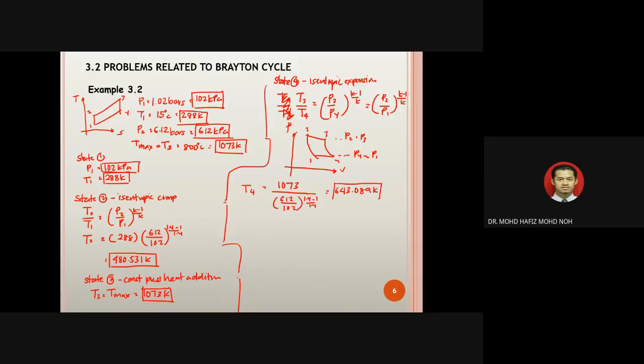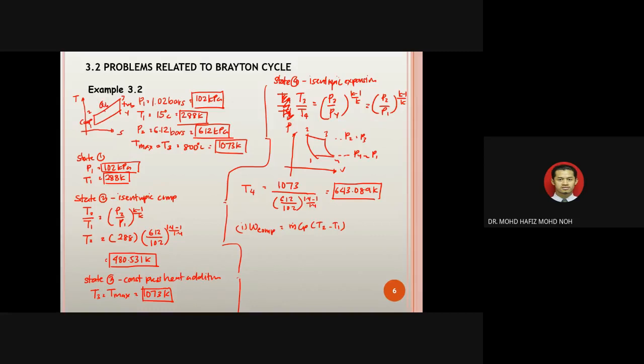So those are all the properties, and then you can start answering the question. The first question is W compressor, if I'm not mistaken. W compressor is the mass flow rate times Cp times (T2 minus T1), because you know this process is at the compressor, this process at the turbine, and this one is Q in.